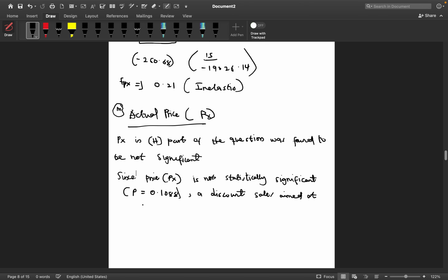So since price is not statistically significant, p is equal to 0.1088.